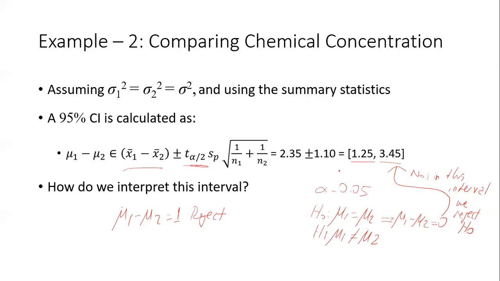So I am 95% confident that mu1 is at least 1.25 milligrams per liter greater than mu2. So the first station has 1.25 milligrams per liter more orthophosphorus than the second station.